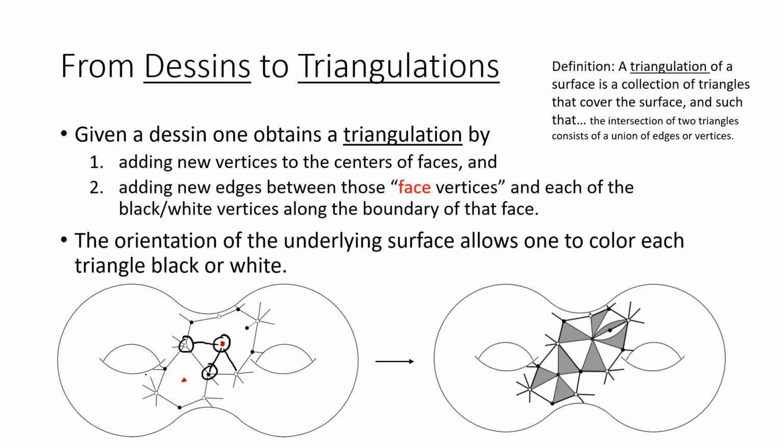Depending on the ordering given by the orientation of your underlying surface, color each triangle black or white. From this picture, if your cyclic ordering is white, black, red, then you color your triangle white. And if your cyclic ordering is black, white, red, then you color your triangle black. Okay, so that's how you get a triangulation from a dessin.